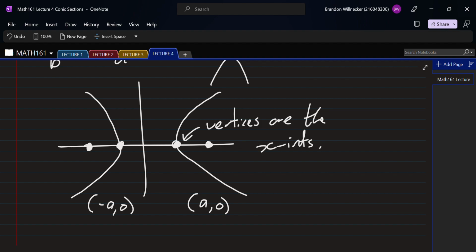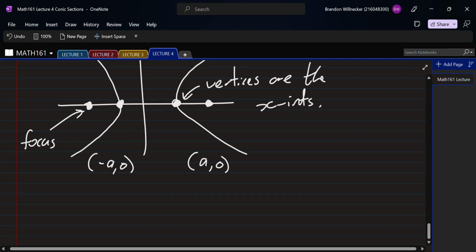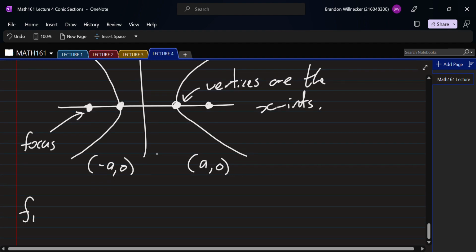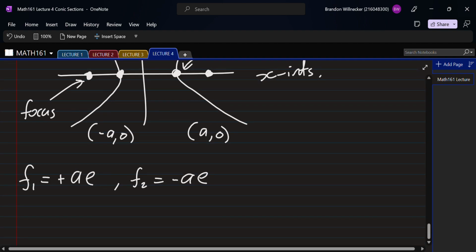What about the foci? Here, that's one focus, and on the right we have the other one. Those are given by F1 and F2, same as before. F1 will be plus A times the eccentricity, and F2 will be minus A times the eccentricity.